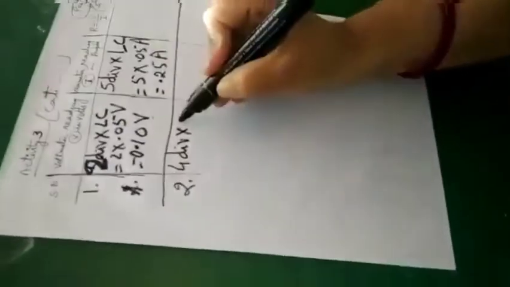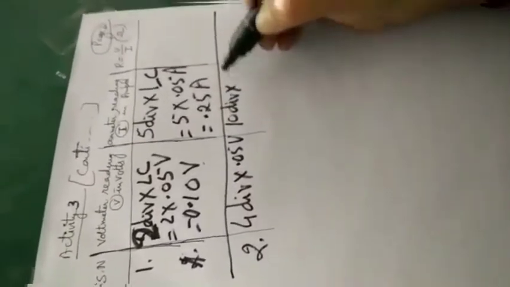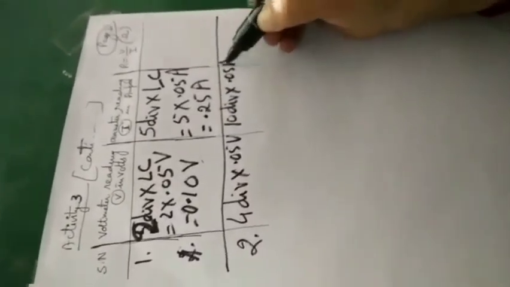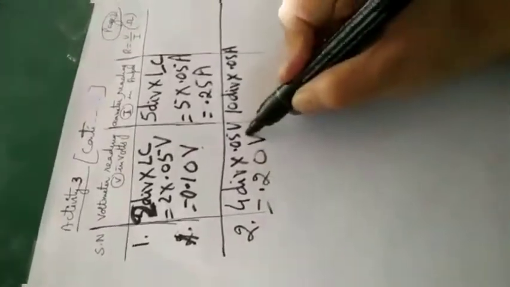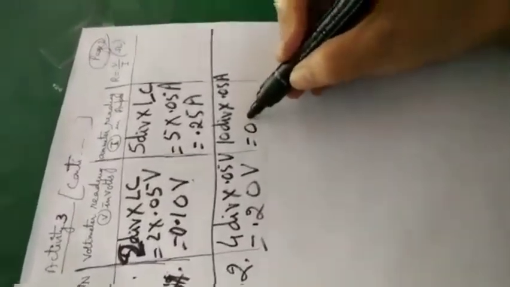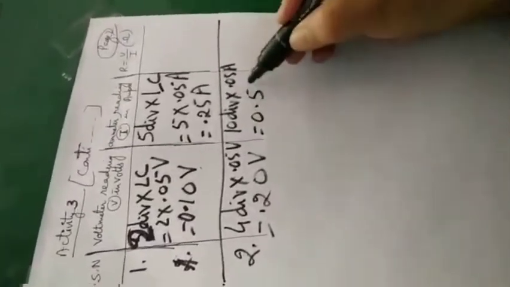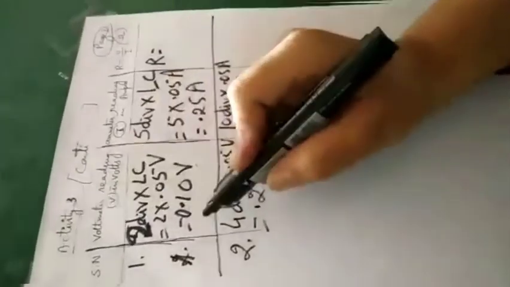So in the voltmeter I write 4 divisions into 0.05 volts, and in the ammeter 10 divisions into 0.05 ampere. 4 fives are 20, so 0.2 volts, and here I have 0.5 ampere. So now the resistance is V by I.